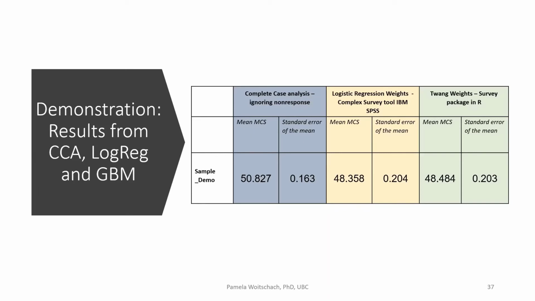And the third one is using the weights that we calculated with the Twang package through the GBM estimation. As we can see, as soon as we include weights that account for non-response, the mean of mental, our outcome variable, is a little bit lower than in the complete case analysis. It looks like the complete case analysis is inflating the mean of mental.